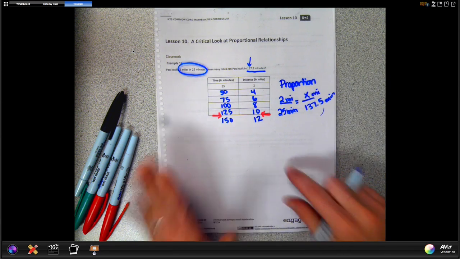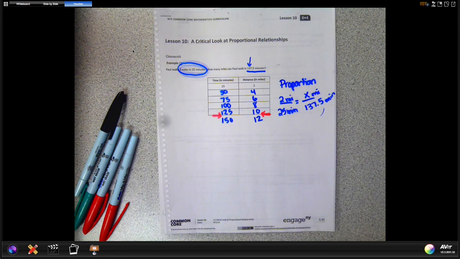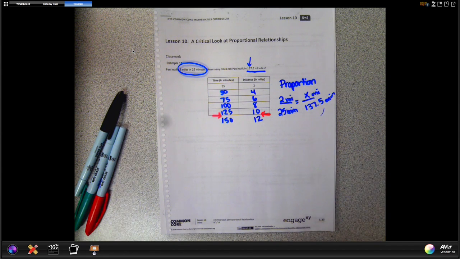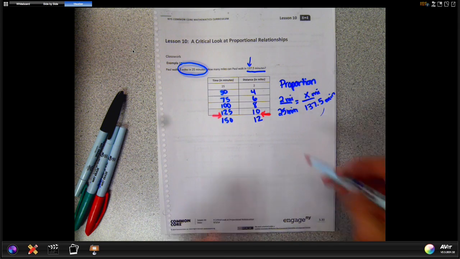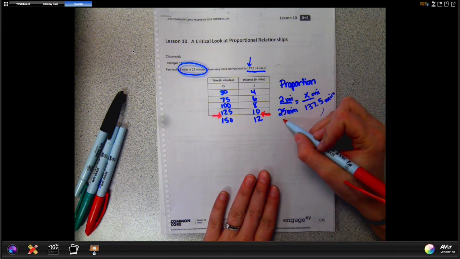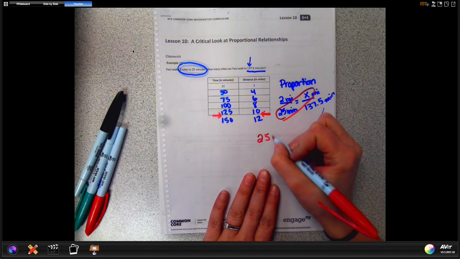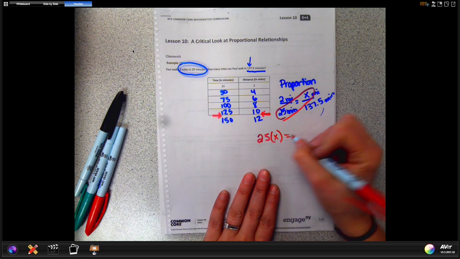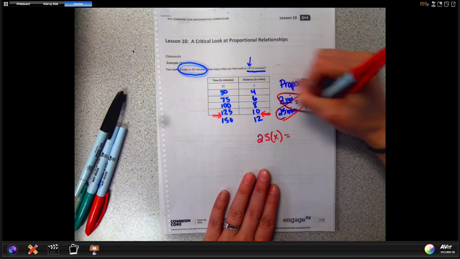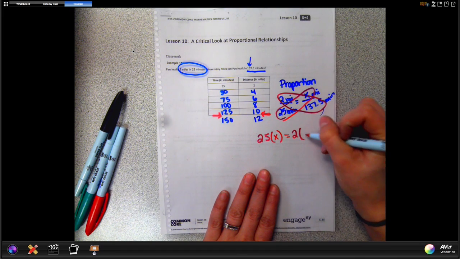If you recall from earlier lessons, when we have a proportion, it's one rate equal to another, and one way we can solve those is by cross-multiplying and setting up a linear equation. So we say 25 times x is equal to 2 times 137.5.